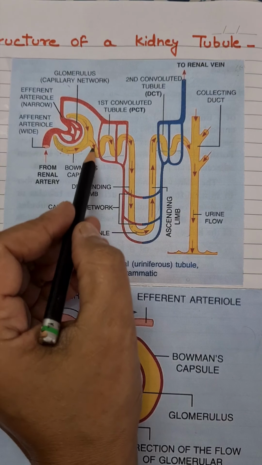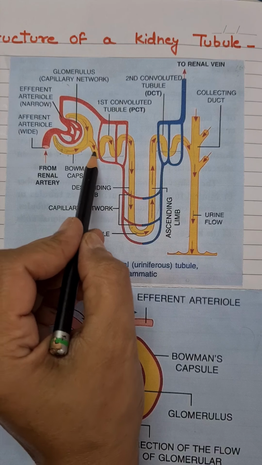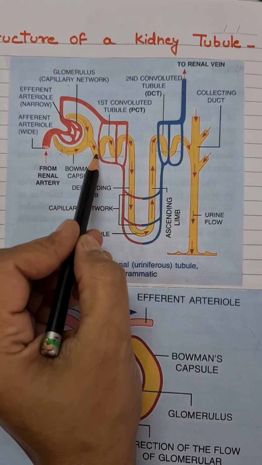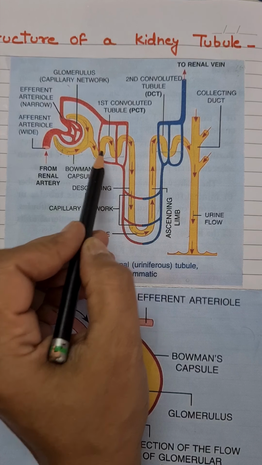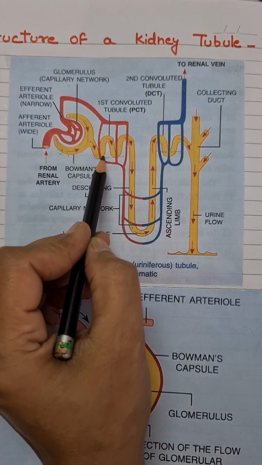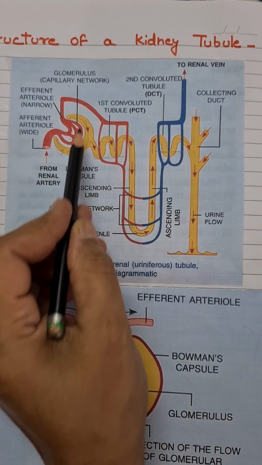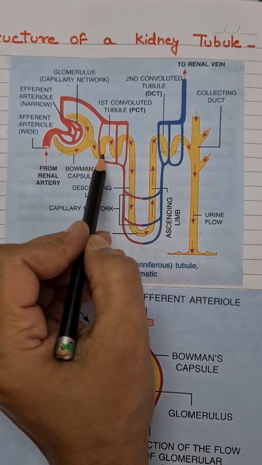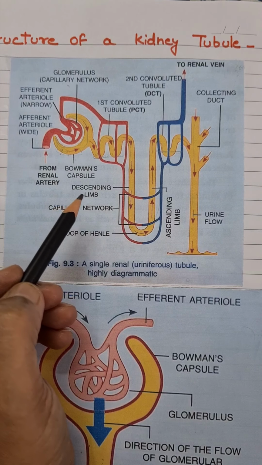Now the second part is proximal convoluted tubule. It is the first convoluted part of the nephron, so we call it the first convoluted tubule also. Highly convoluted, it is present in the cortical region of the kidney, that is in renal cortex, and as it is nearer to the Bowman capsule, we call it proximal convoluted tubule.